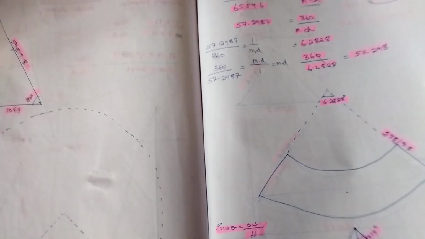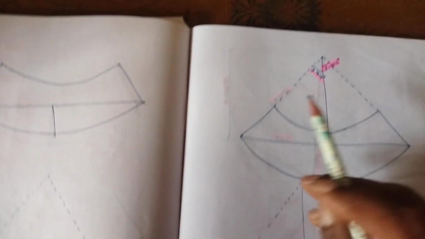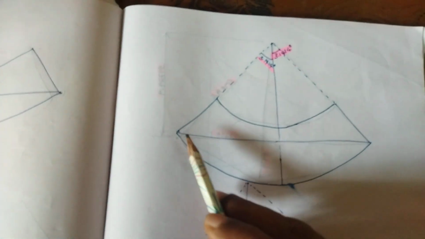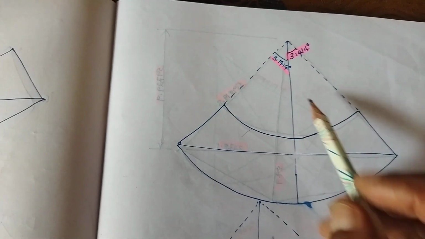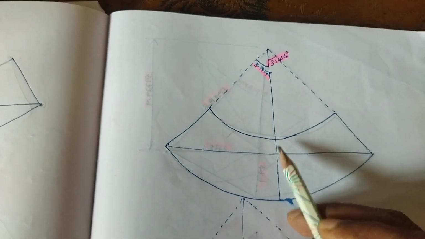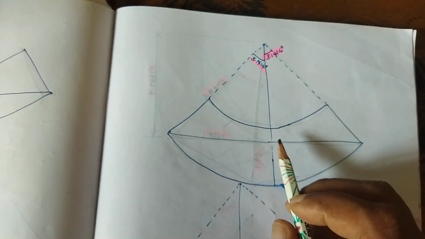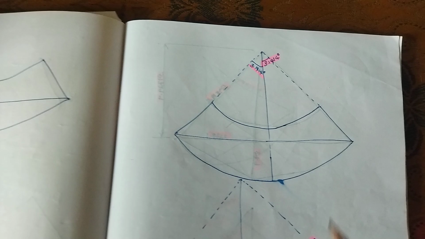Okay, come to the trigonometrical calculations. 6.2828. Earlier I told you this 6.2828 degree will be divided into two portions. Why? For getting a trigonometrical relationship with 90 degree. If we have to use trigonometrical calculations, 1 angle of the triangle should be 90 degree.